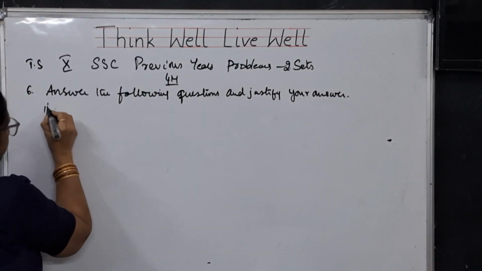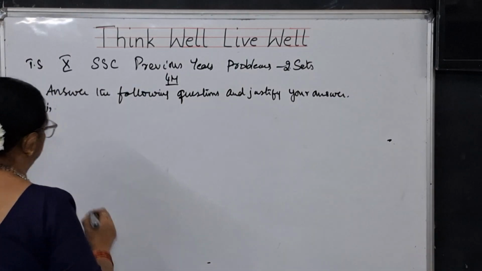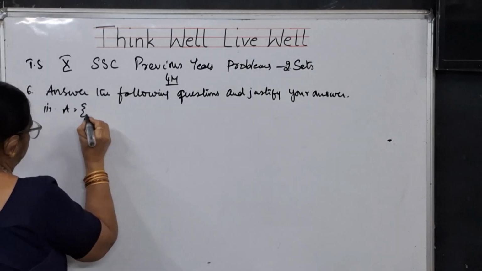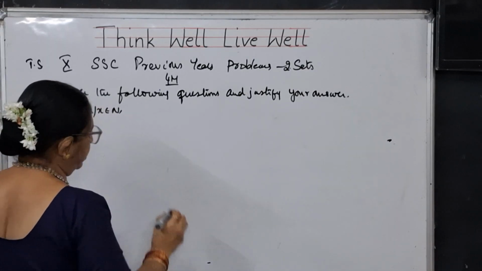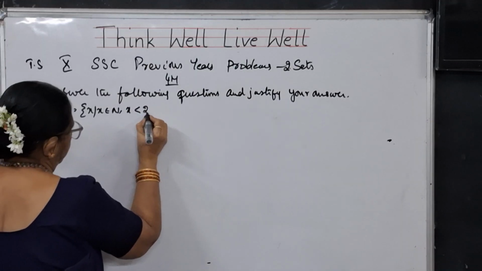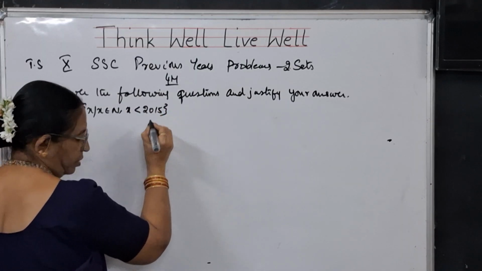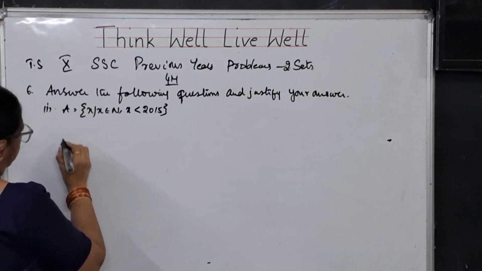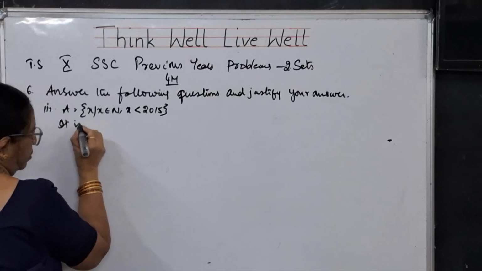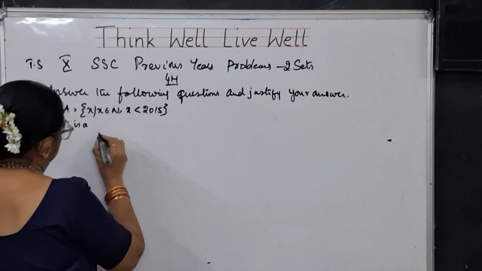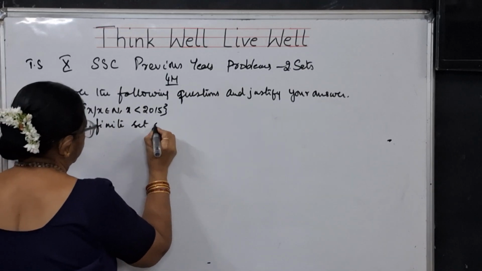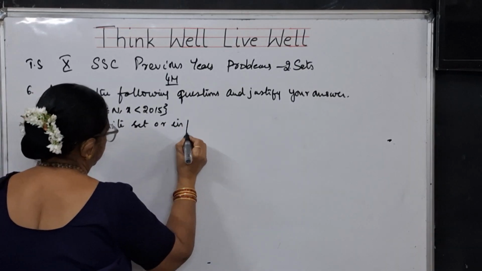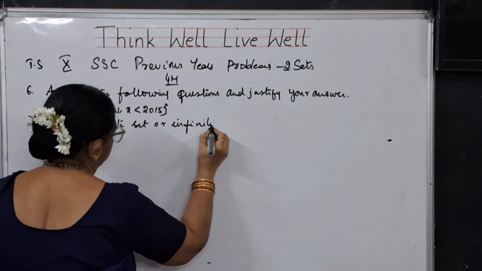The first bit is given as A is equal to x such that x belongs to natural number, x is less than 2015. Is it a finite set or infinite set?